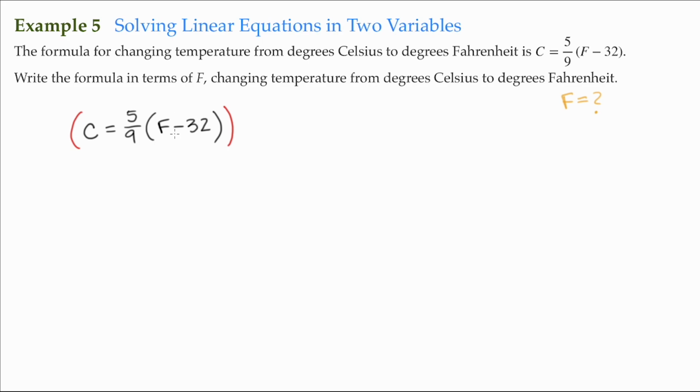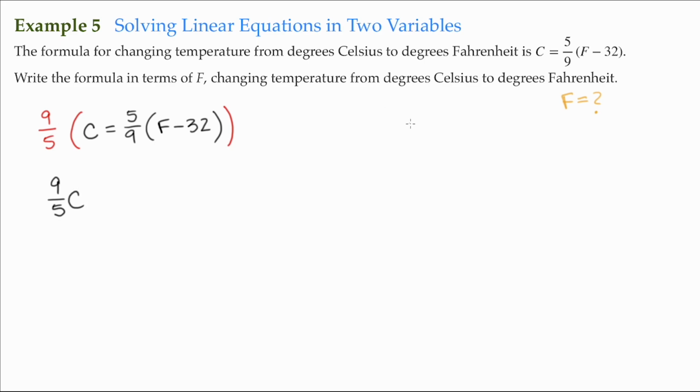So the reciprocal of 5/9 is 9/5. 9/5 times 5/9, 9 times 5 is 45, 5 times 9 is 45, and 45/45ths is the same as 1, and we don't have to express 1. We can just cancel it. So the 9/5 will wind up canceling this here. So 9/5 times C, that's 9/5 C. Don't forget, we multiply this to every term in here.